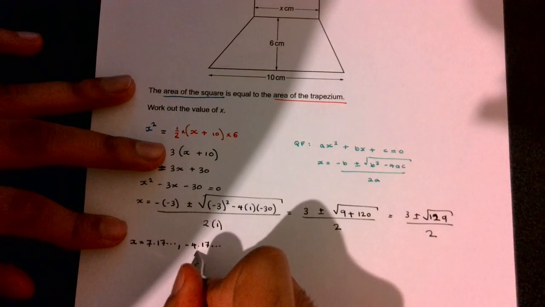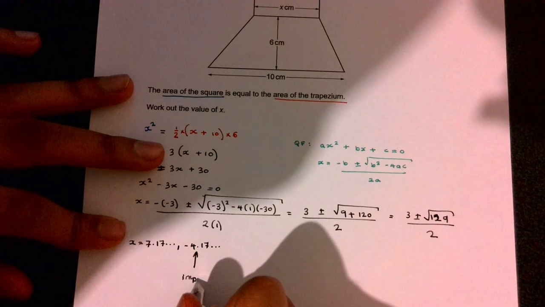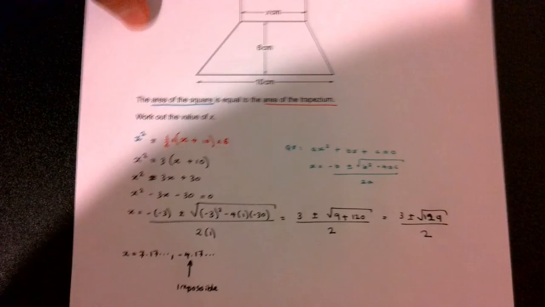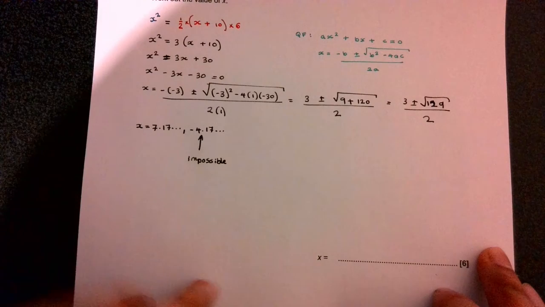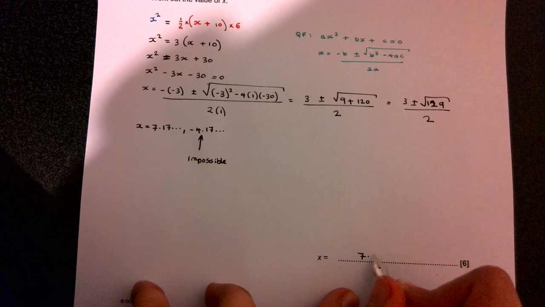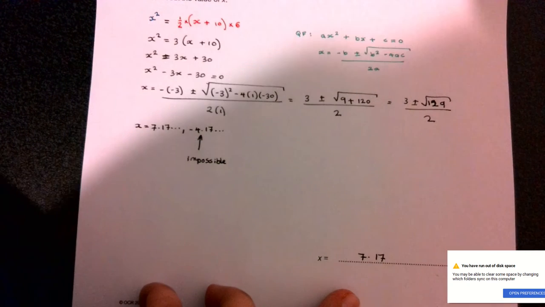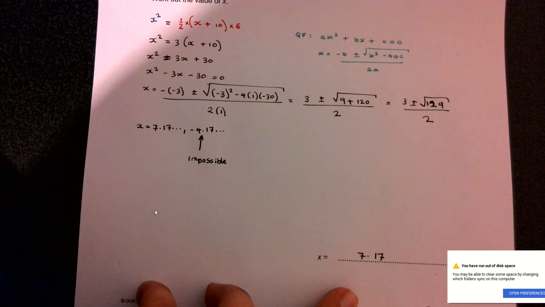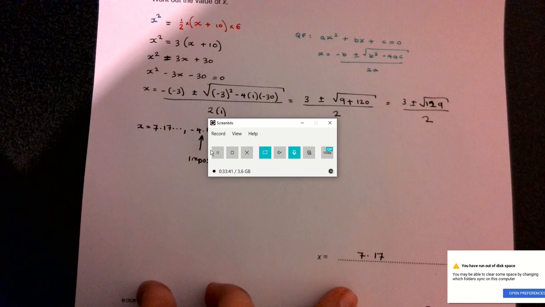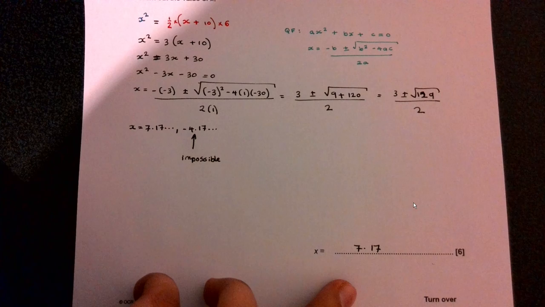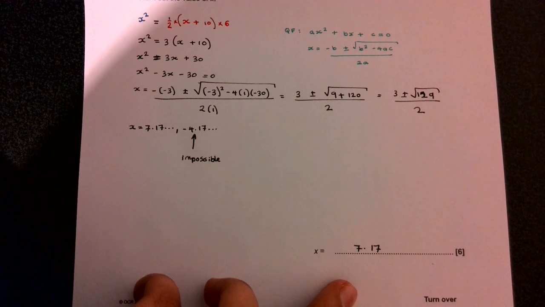We see that this length is impossible, and therefore we can conclude our only value of x, because remember we're dealing with lengths over here, so we must have positive solutions. We have 7.17. So we have 7.17. Okay.